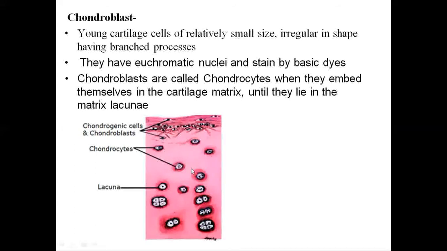And ultimately, they will be lying within the matrix. And that stage, we call chondrocytes. So chondroblasts are transforming into chondrocytes when they produce matrix, and ultimately they get trapped inside the matrix.